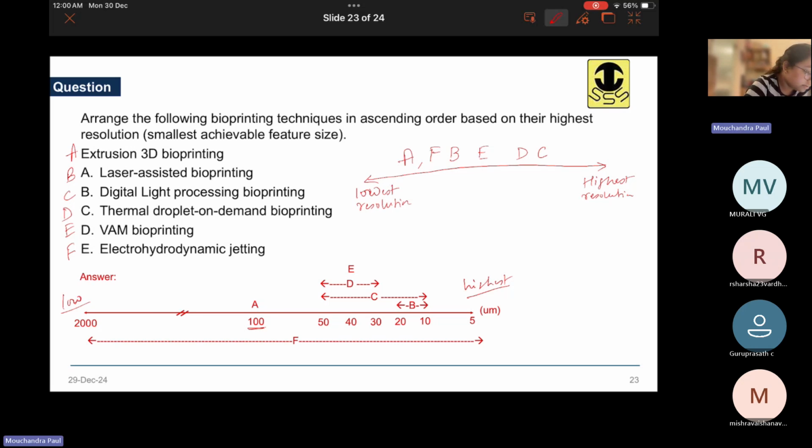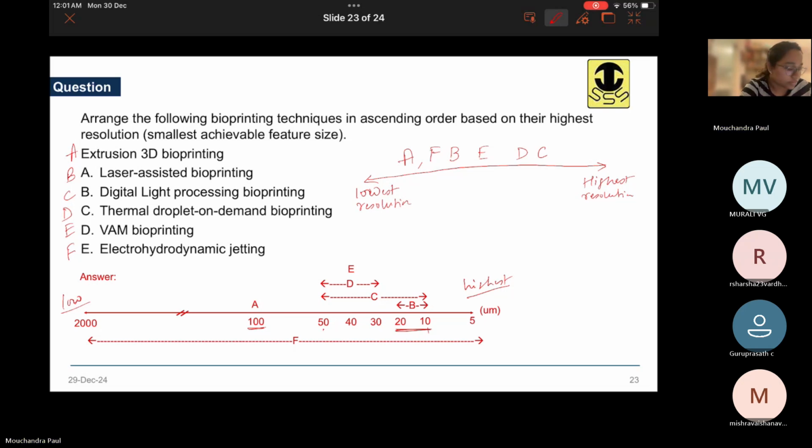Then B, which is light assisted bioprinting. As I told you, we can print at the resolution of a single cell. That is why we can do bioprinting or generate droplets in the range of 10 to 20 micron. So this is the resolution range for B. C, that is DLP, digital light processing bioprinting, can also give you a big range of resolution, from 10 to 50 micron.